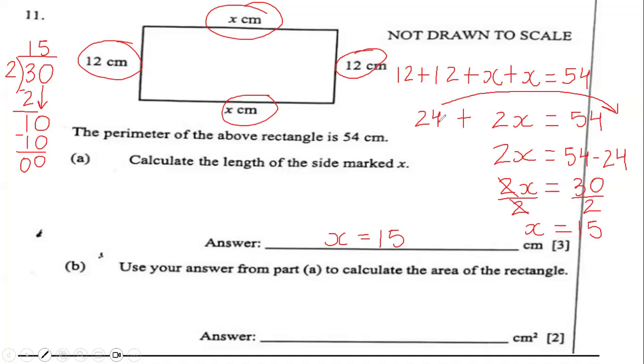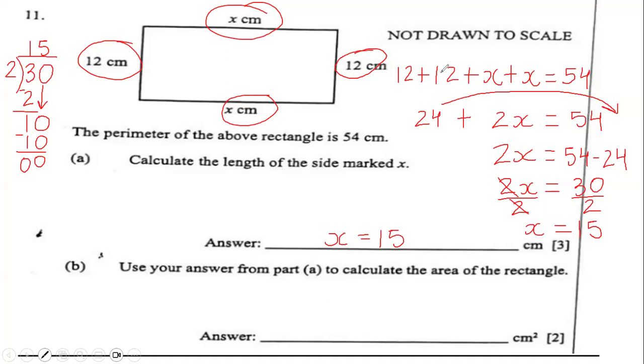So you see where we got the 24 from? Yes, sir. We got it because we add 12 plus 12. First of all, let's start off with the first line. The first line says that the perimeter of this rectangle is 54. So we add 12 plus x plus 12 plus x. That's how we got this first line. And we say it's equal to 54 because the perimeter is equal to 54. You understand that? Yes, sir.